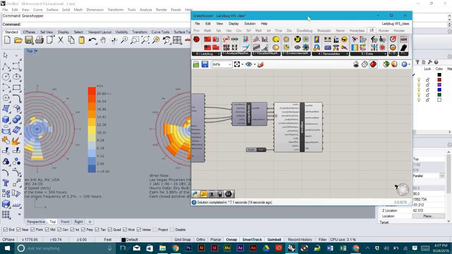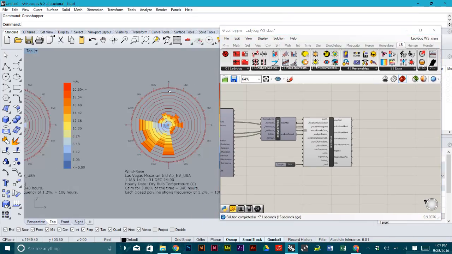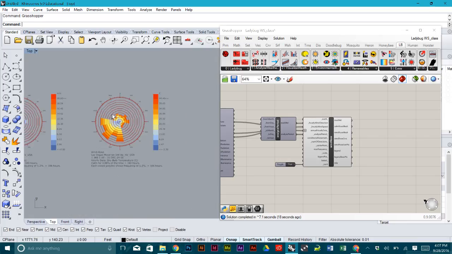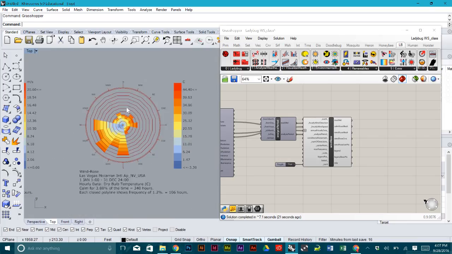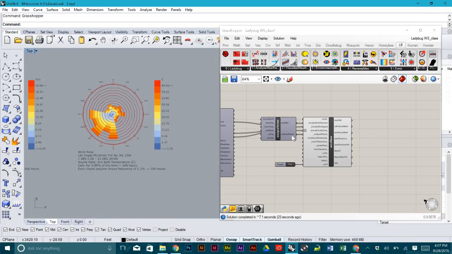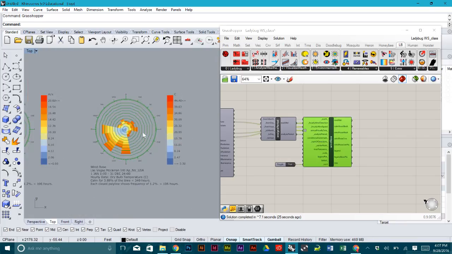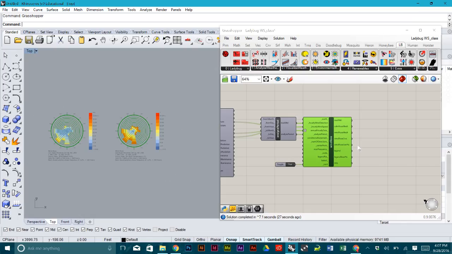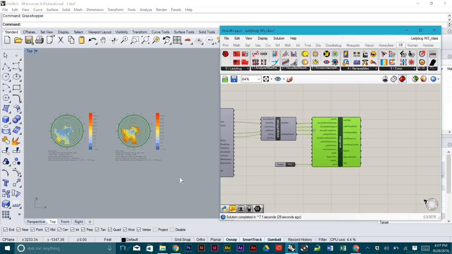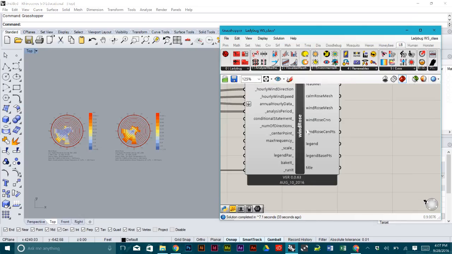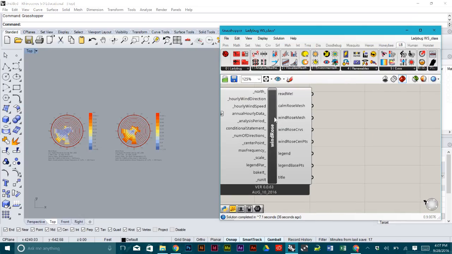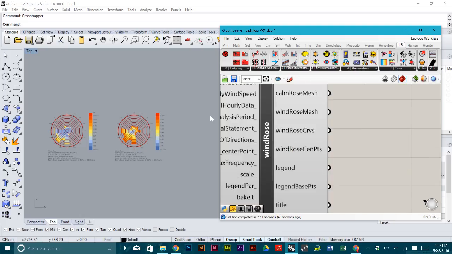But the last thing that we haven't really covered is that, sure, you have these interesting graphs and diagrams that are being produced in Grasshopper. Again, it's nothing that we can actually use in Rhino. There's nothing that exists. We do have to make sure to bake it. What's nice is that for the most part, you can bake these directly into Rhino.